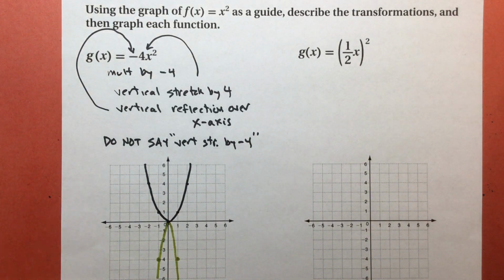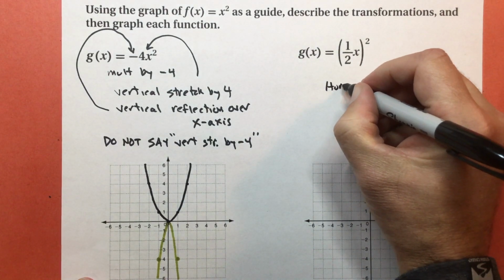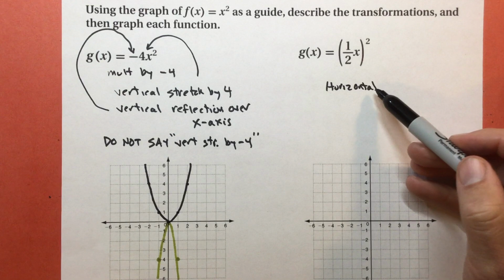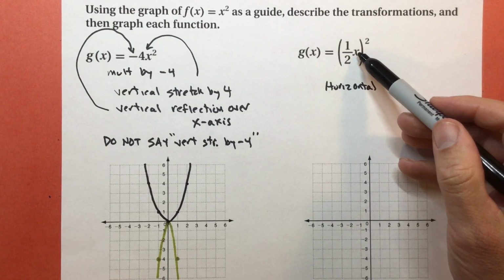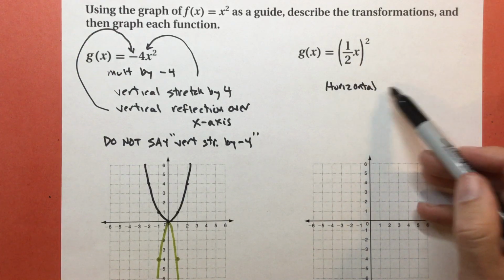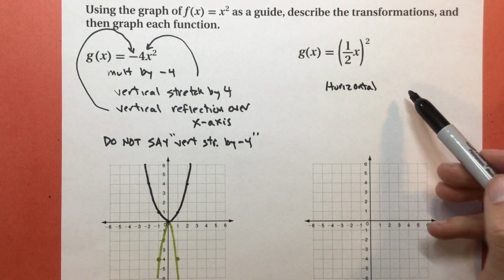G of x equals (1/2 x) squared. This has parentheses, so this is horizontal. I'm multiplying by something inside the parentheses, so that means I have a stretch or compression. Before I write which one it is, I need to figure out what b is.